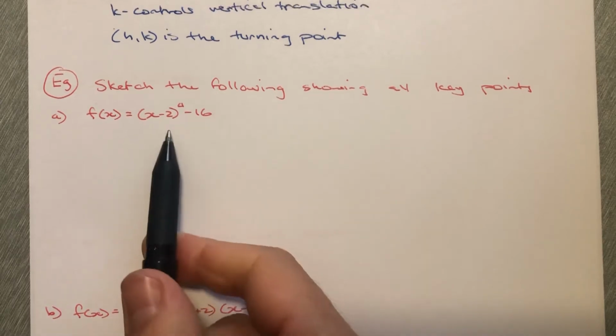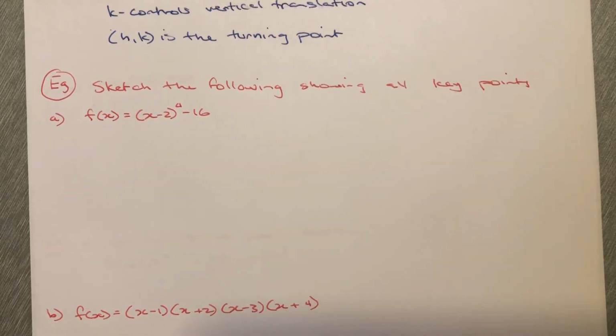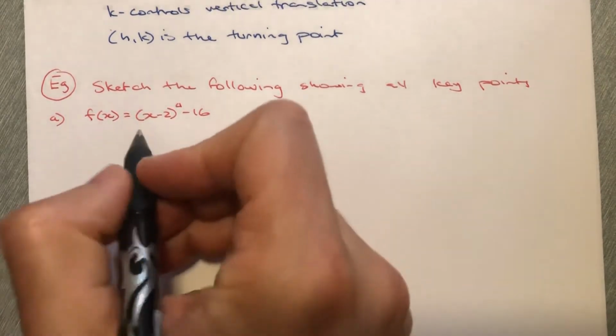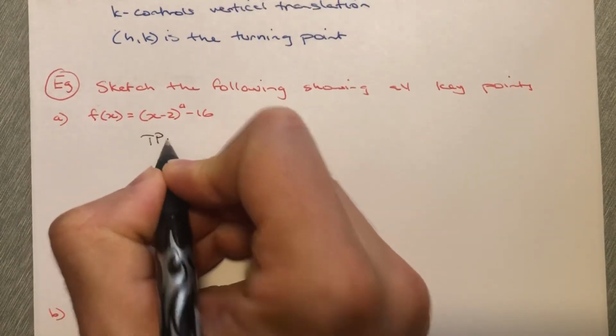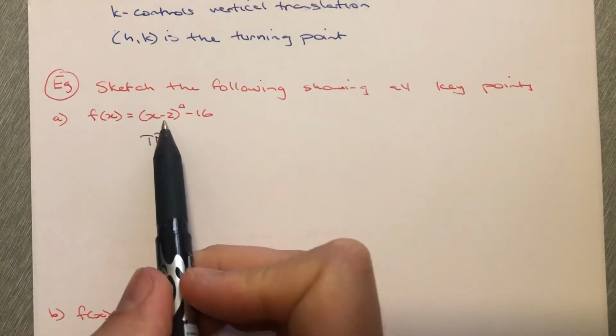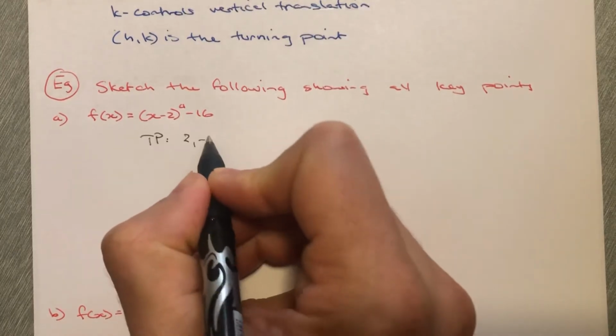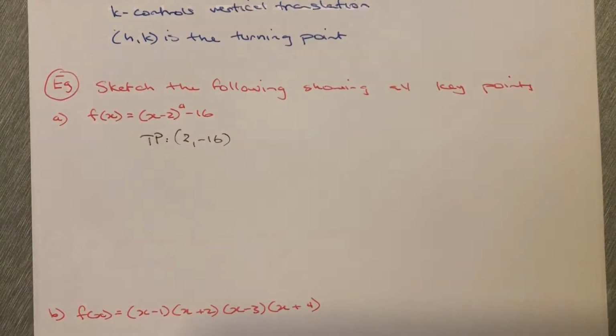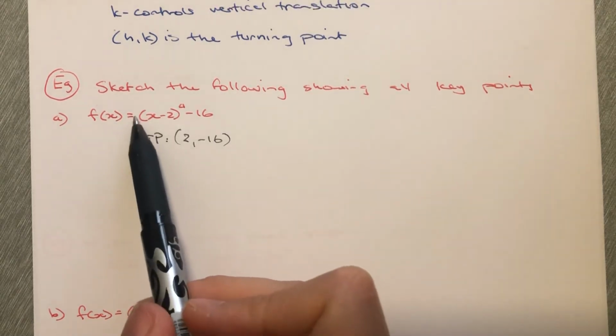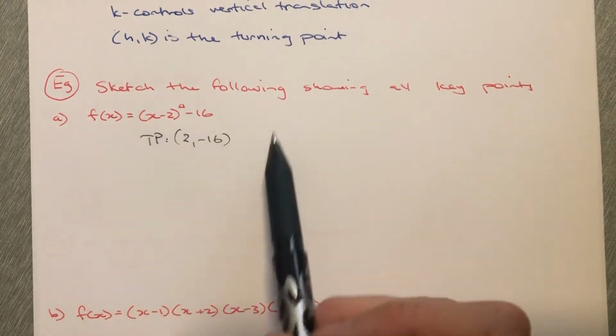So if I look at this one, the first thing I want to be able to do is find out what the turning point is. So the turning point, hopefully we can see that instead of -2, the x value is going to be 2, and then our y is -16. There's our turning point there. Now, there's no negative out the front here, there's no negative in front of x, so the tail is going to be pointing up.